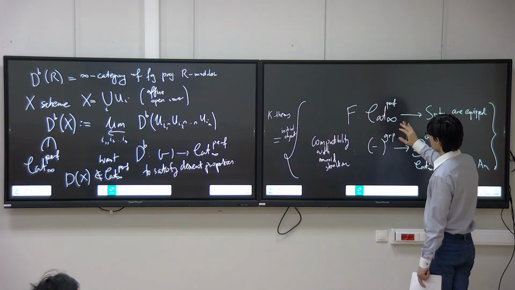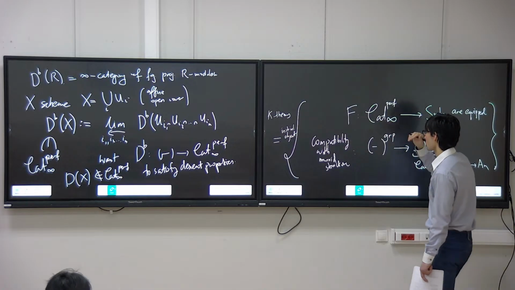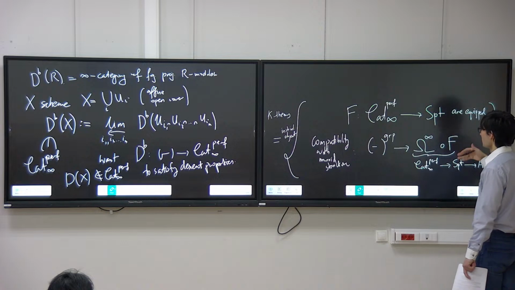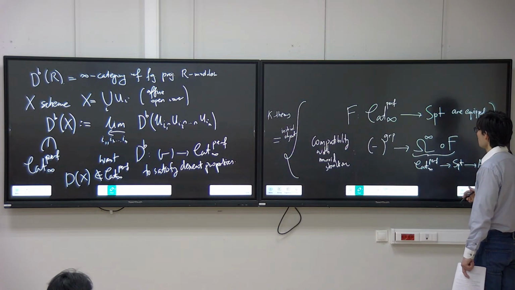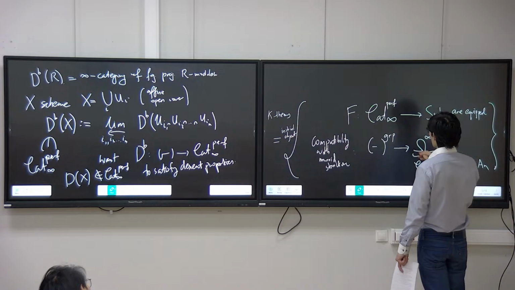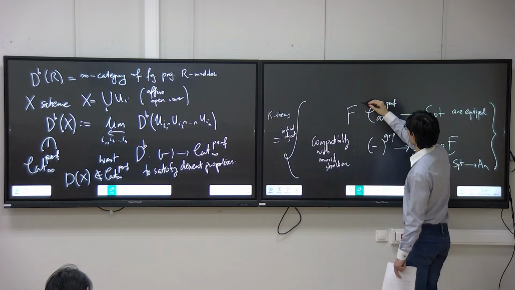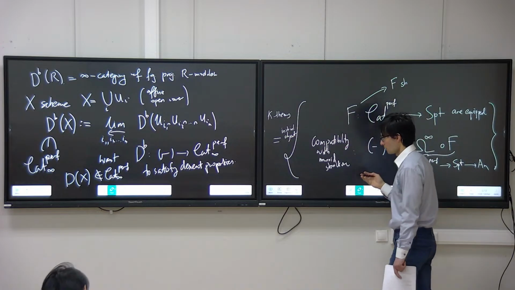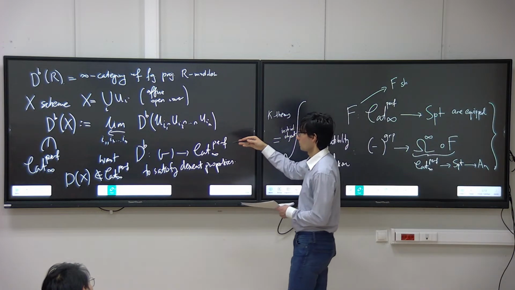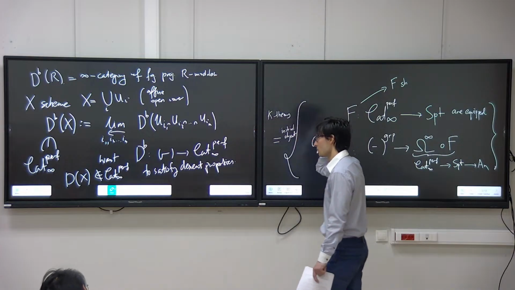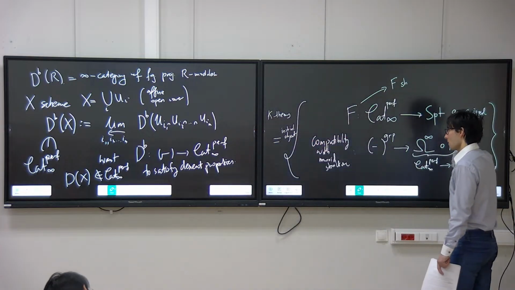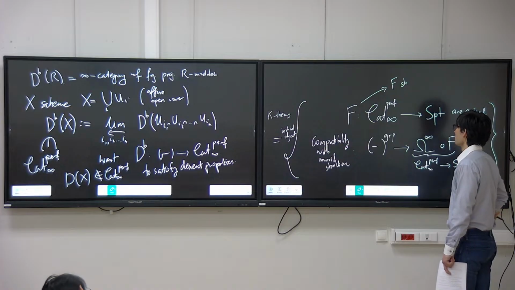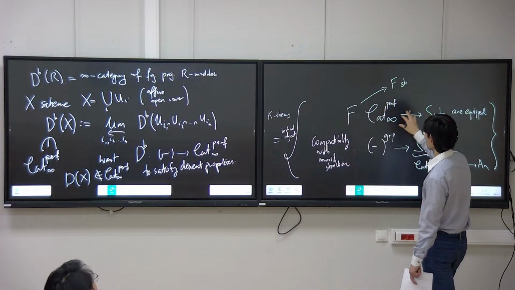Okay, before this is honestly true, these functors F should also satisfy some basic descent property. K-theory satisfies this Milnor square kind of descent, let's say. So F shouldn't be any functor.